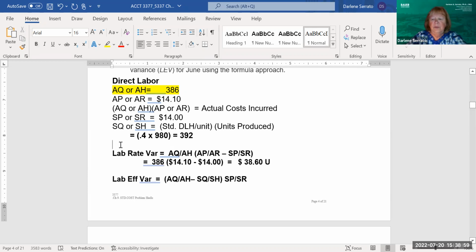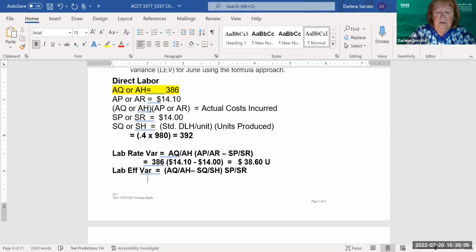Then for the efficiency variance, actual hours are 386. Standard hours allowed were 392 times standard of $14.